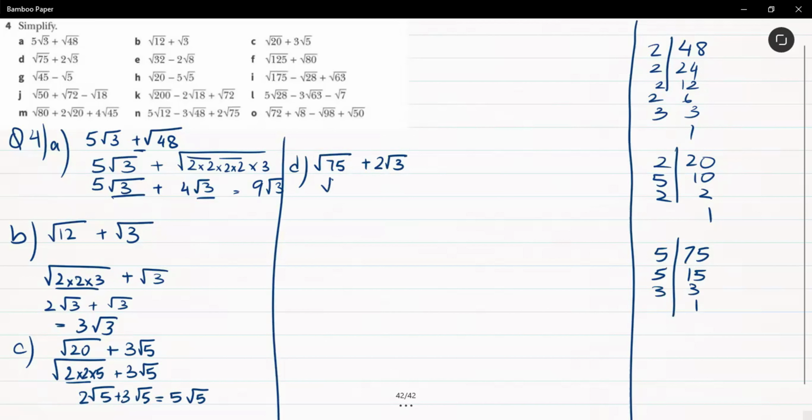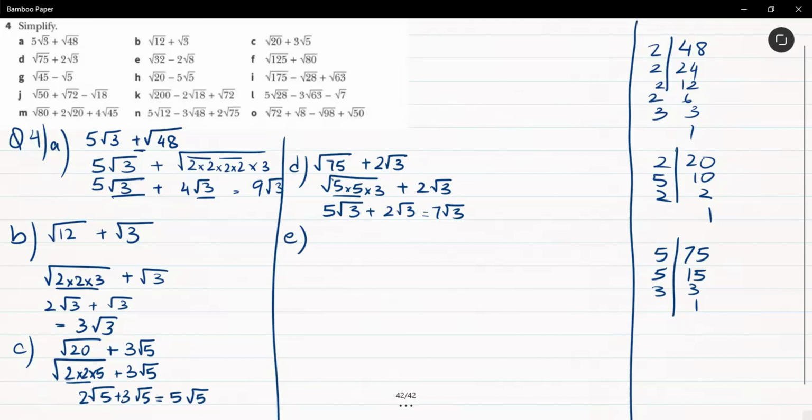So √75 is actually equal to √(5 × 5 × 3), plus 2√3. Now we've got a pair of 5, so we get 5√3 + 2√3, and that is equal to what? 5 plus 2 is 7√3. And that's it for part D.